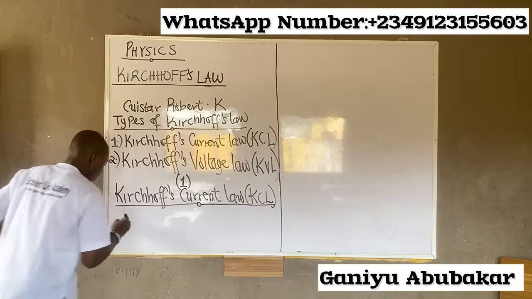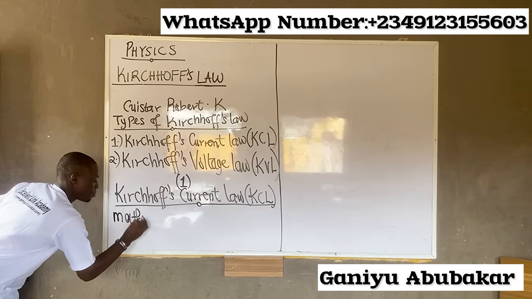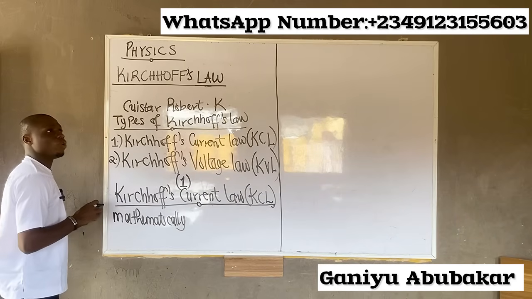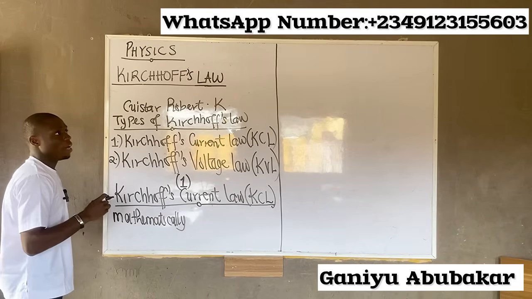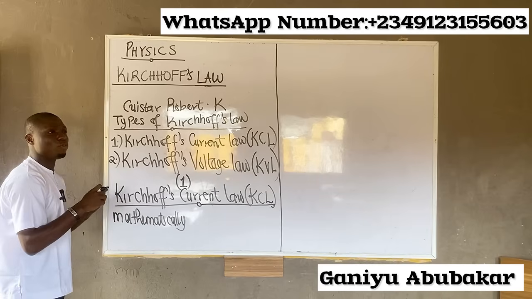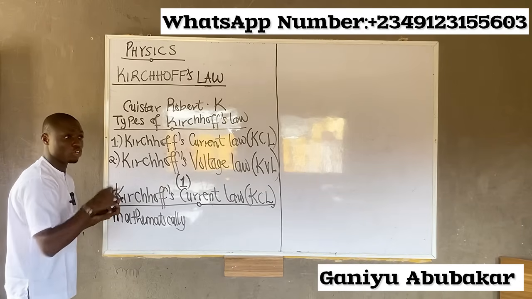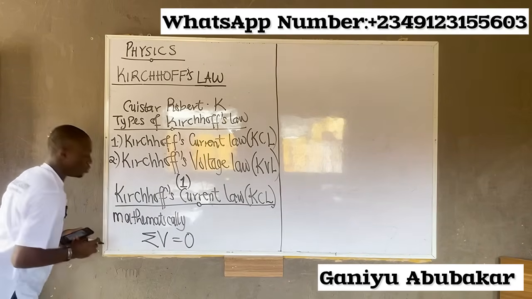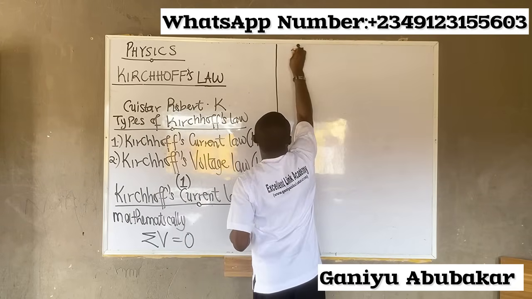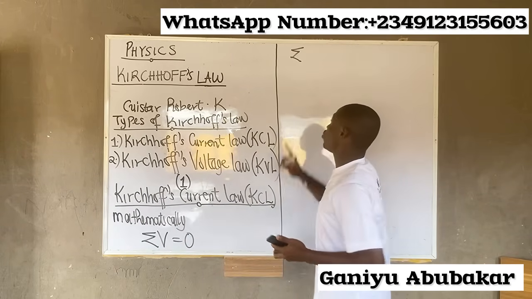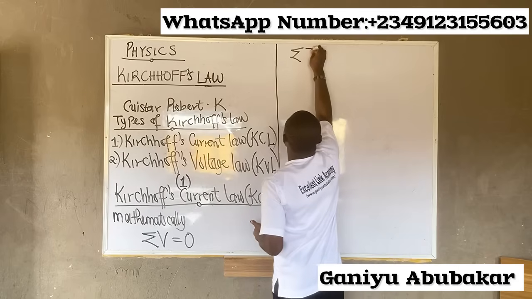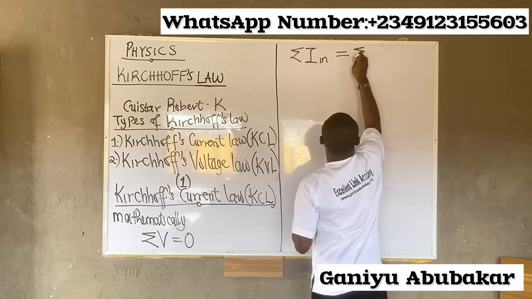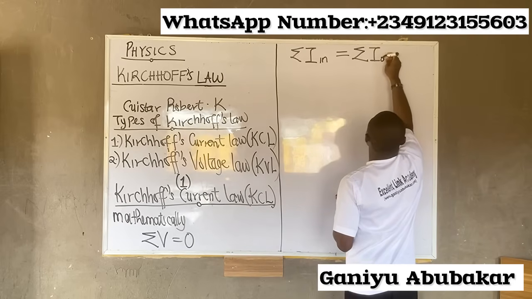Mathematically, Kirchhoff's current law says that the sum of current entering into the junction must be equal to the sum of current leaving the junction.